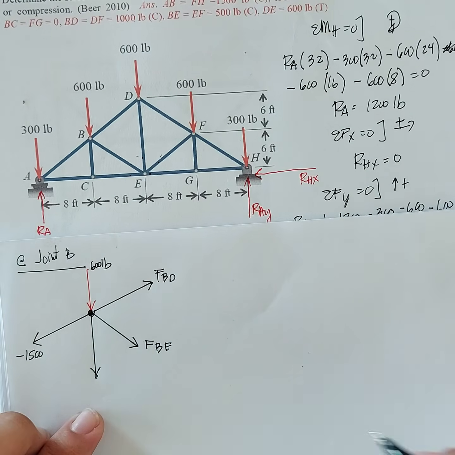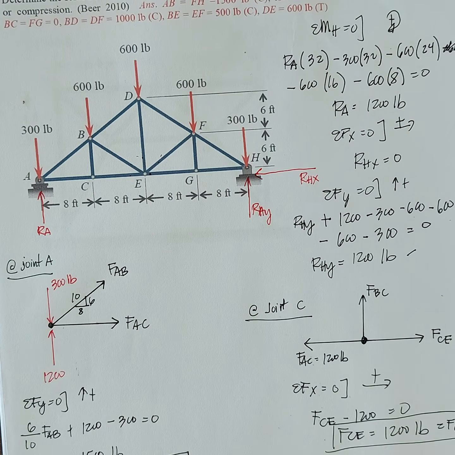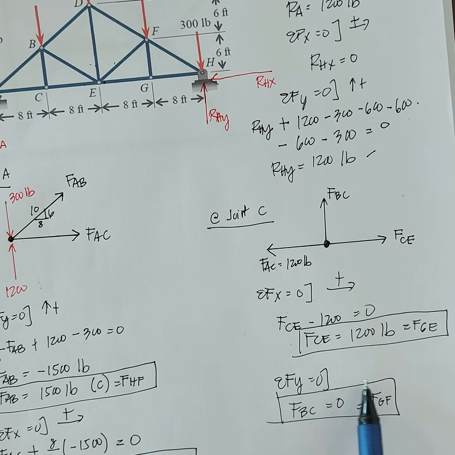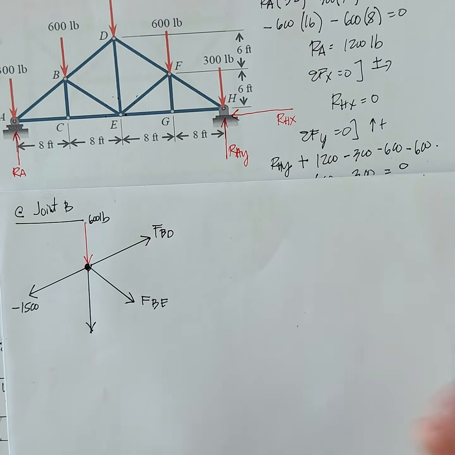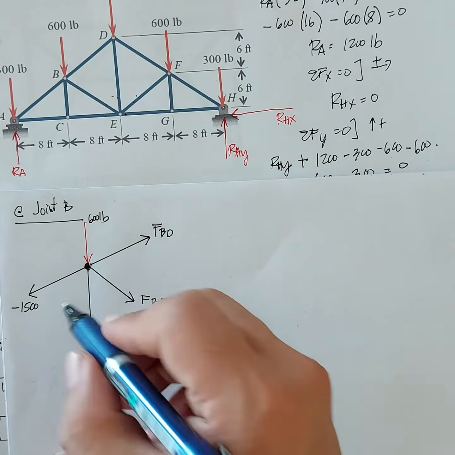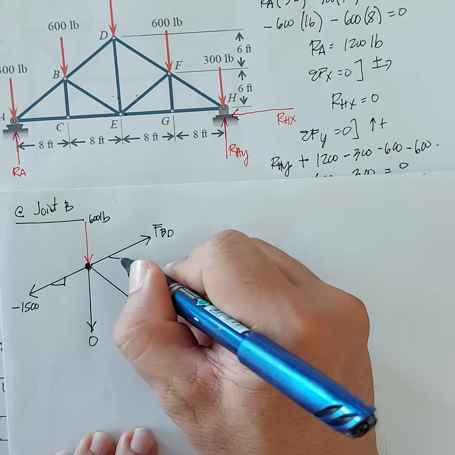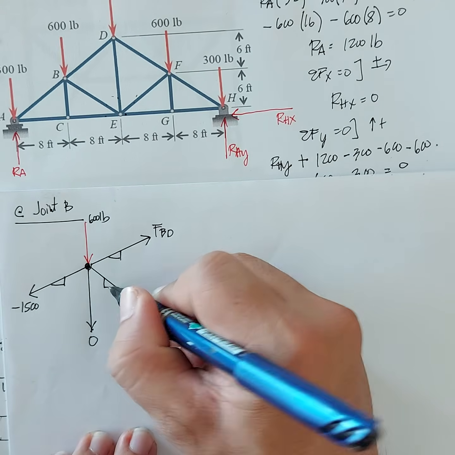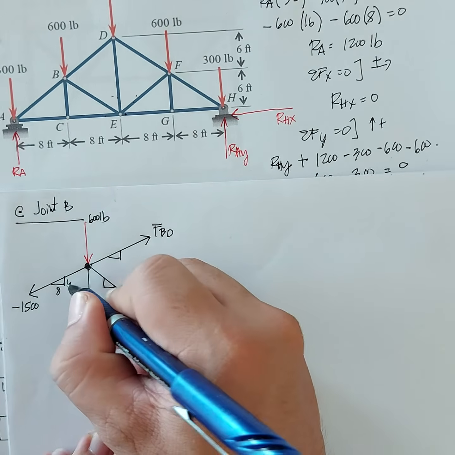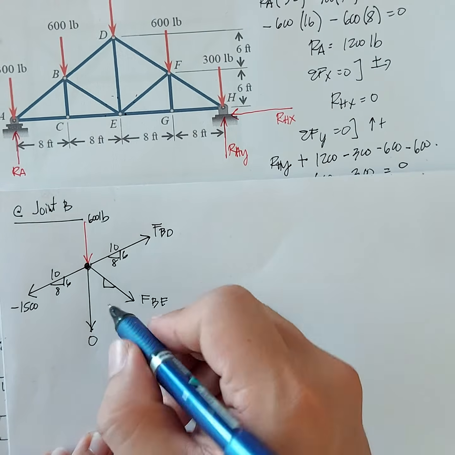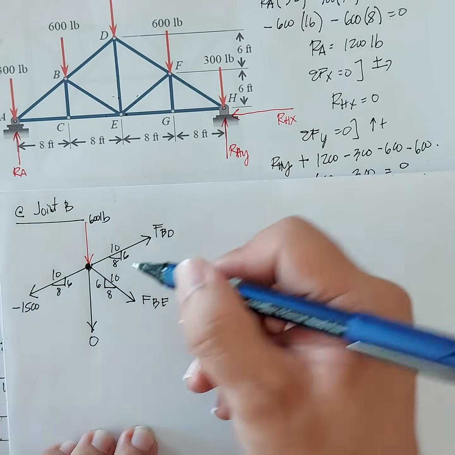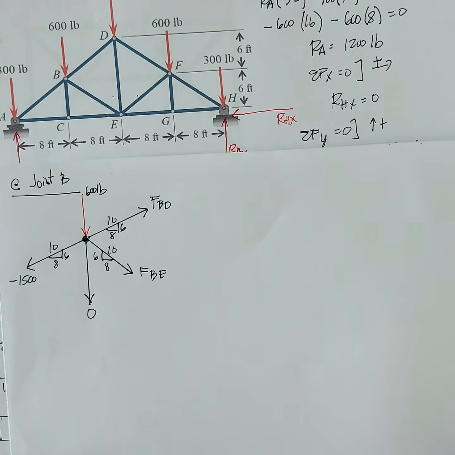And this is FBC kanina. 0 yung FBC natin. And yung slope, importante yung slope natin. We have 8, 6, 10. Ito naman 8, 6, 10. Alright. So I think we're good.